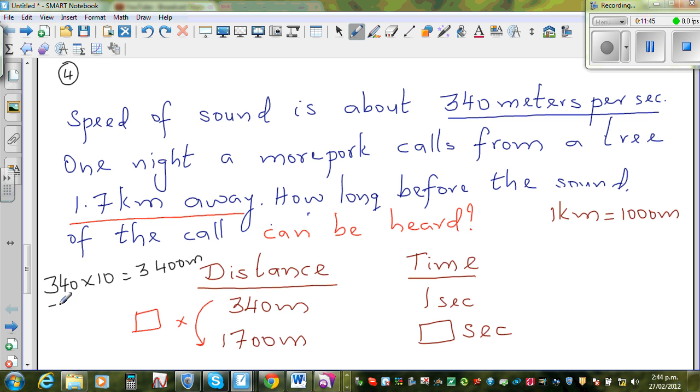What happens if I do 340 times 5? If you halve this, you have to halve this. So 340 times 5 gives you 1,700. So this has to increase by the same proportion. So it's times 5. So it takes 5 seconds before we can hear the call of the mopoke.